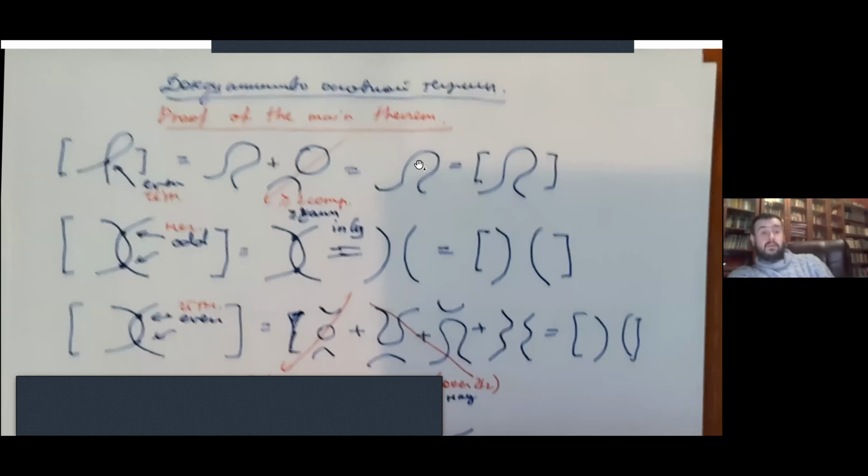Вот доказательство основной теоремы. То есть нам надо всего лишь сравнить скобки от того, что получается при движениях Reidemeister. Итак, вот первое движение Reidemeister, the first Reidemeister move, we do something to an even crossing, and we get these two summands. This guy gets cancelled because there are more than one components here. So for the second, we have two options.